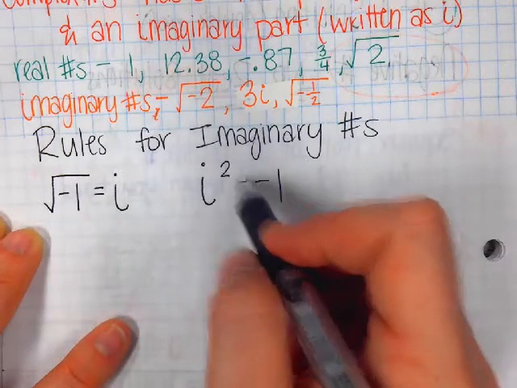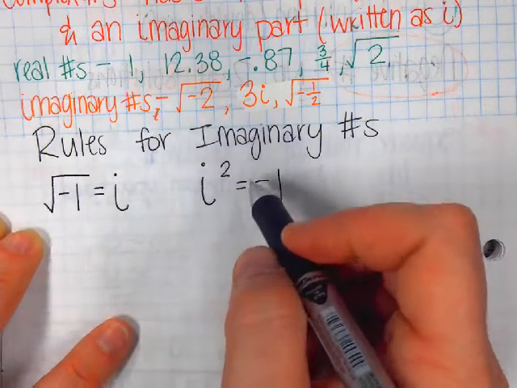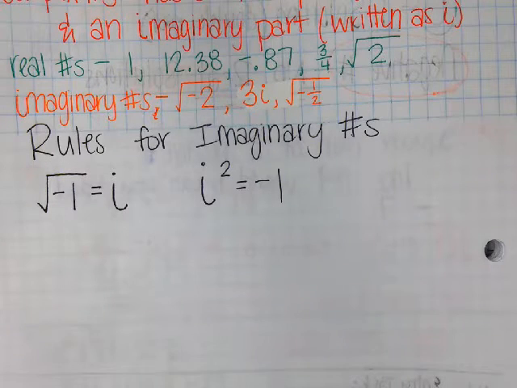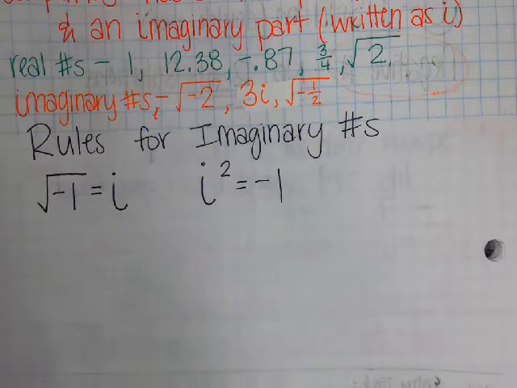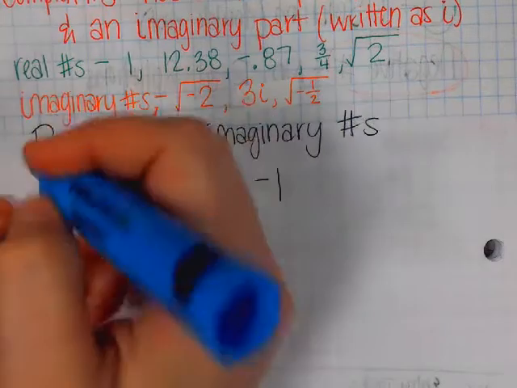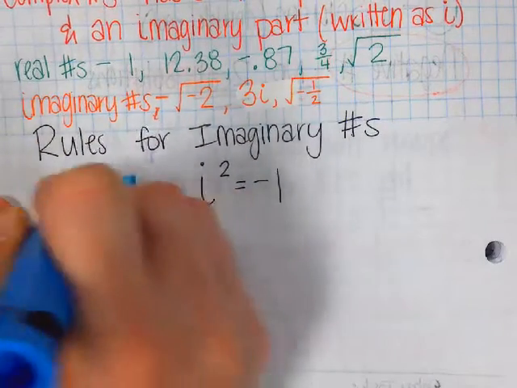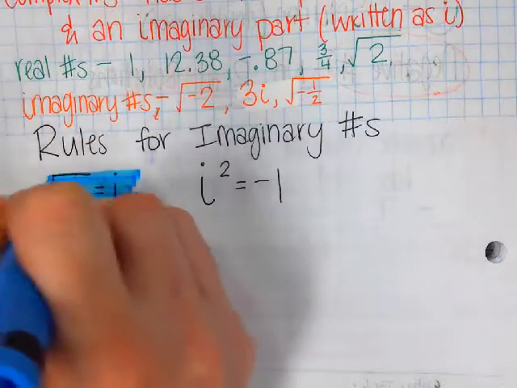So anytime it's i squared, you always rewrite it as -1. Go ahead and highlight that. It's huge. You have got to remember it. If you don't remember these rules, imaginary numbers are going to be harder.